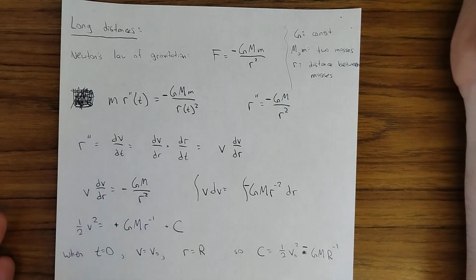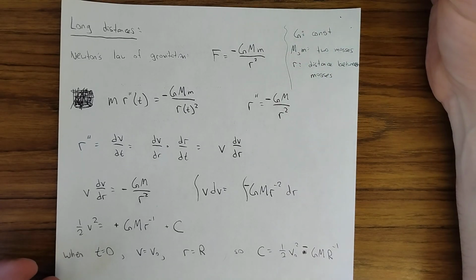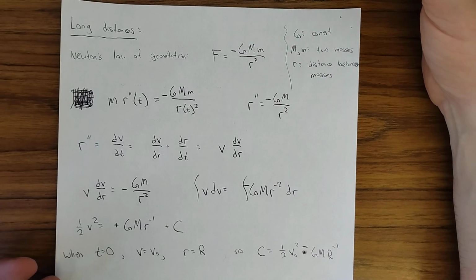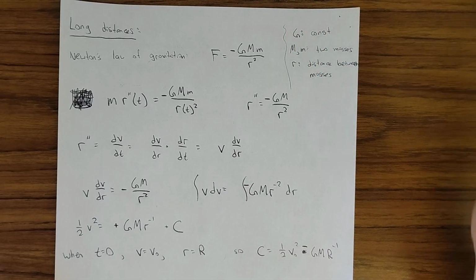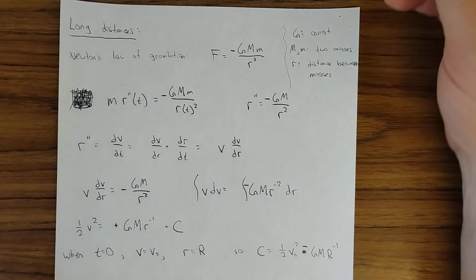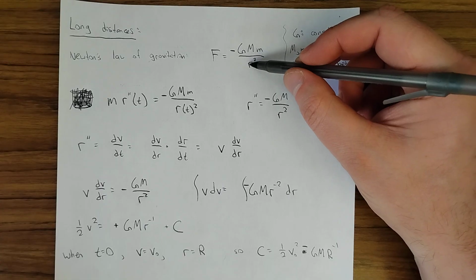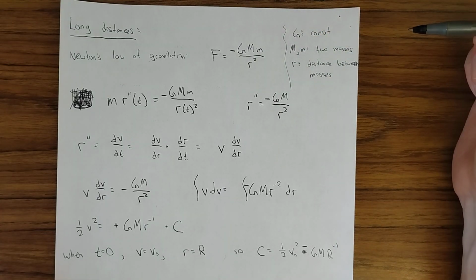Of course, for our example, big M is just the mass of the Earth, because the Earth is one of the objects. And little m is the mass of whatever little object I'm throwing up in the air or dropping off a building or whatever. And little r is the distance between the two masses.